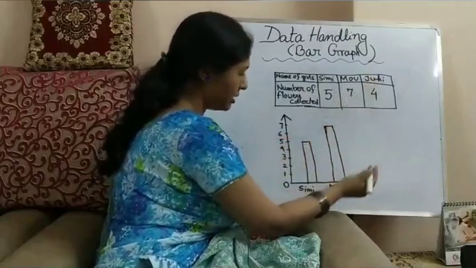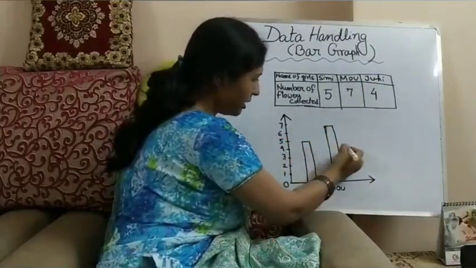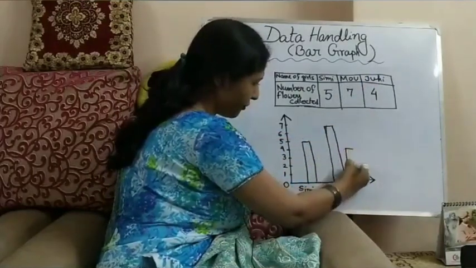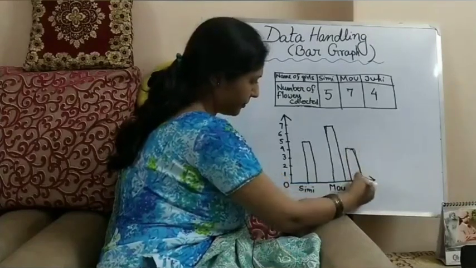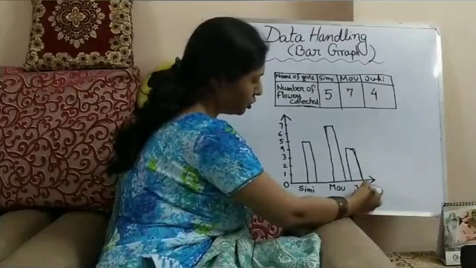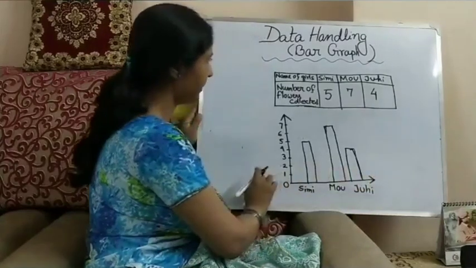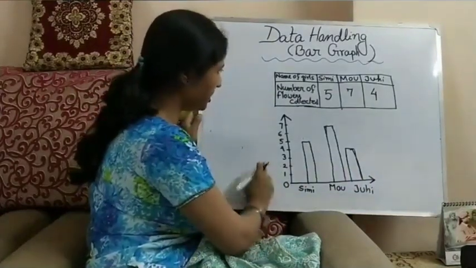And Juhi, that is 4. So here we should draw 4. That is Juhi.